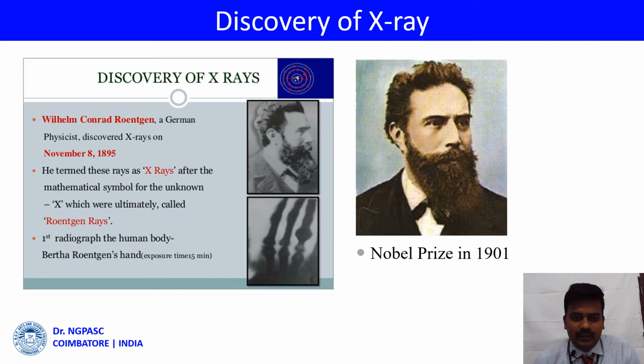He could not identify the ray that came out of his experiment, so he simply called it X, which in mathematics means unknown. So he found unknown rays and named them X-rays. He received the Nobel Prize in 1901 for his discovery.